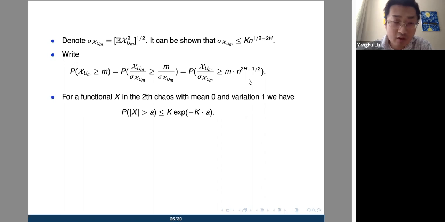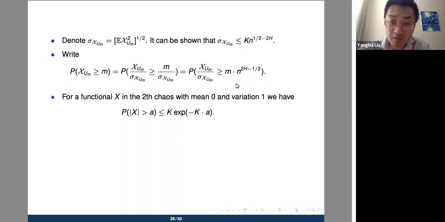Now we are ready to apply the tail estimate for functionals in the second chaos. It's well known that for a functional in the second chaos, we have the following bound for the tail: the probability of the tail is less than k times e to the minus k a.